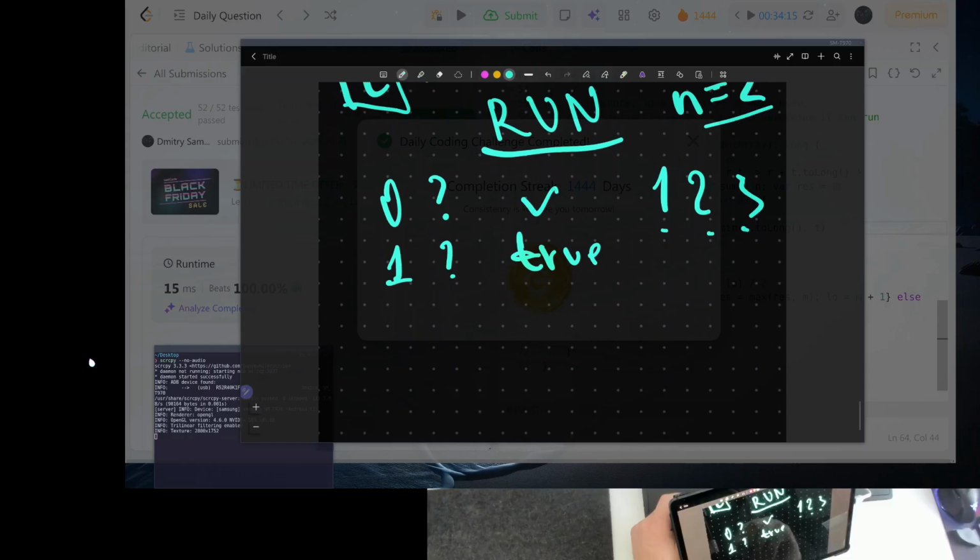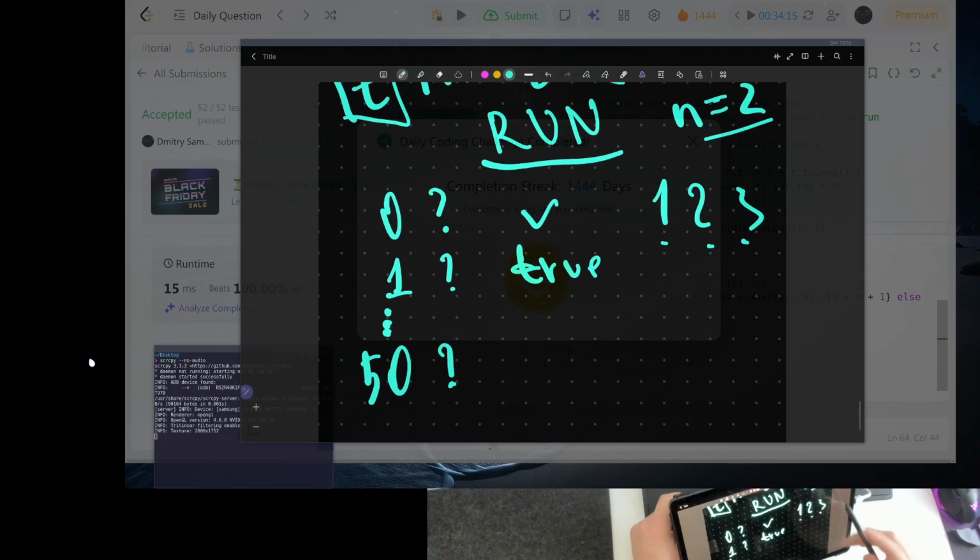And now let's imagine it is 50 minutes. Can you run for 50 minutes? No, because the maximum battery capacity is only 3. So you can quickly answer it is false.